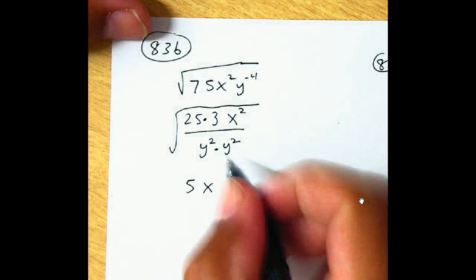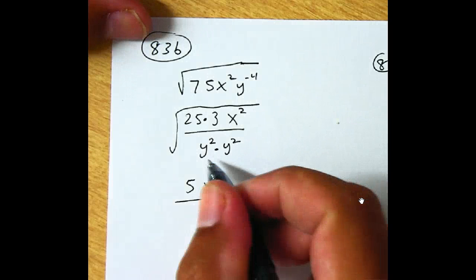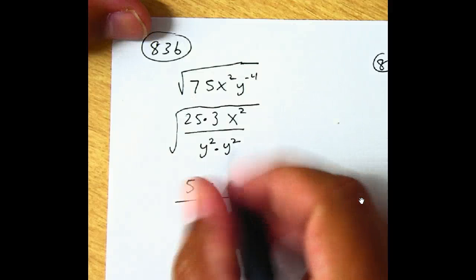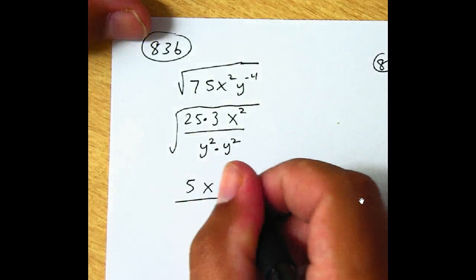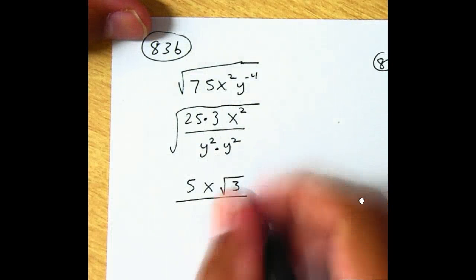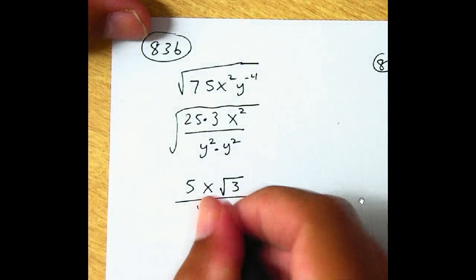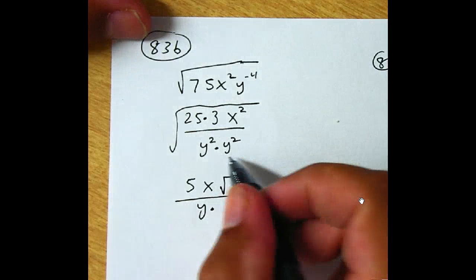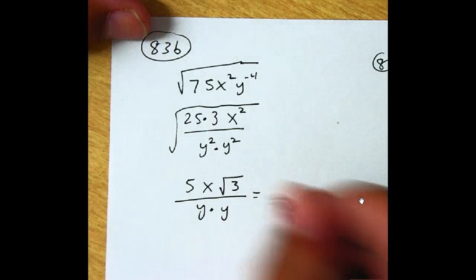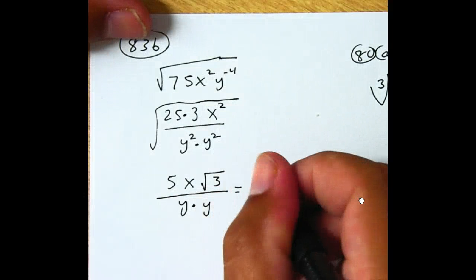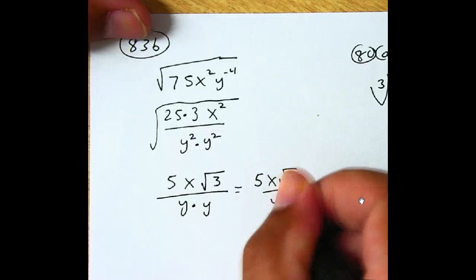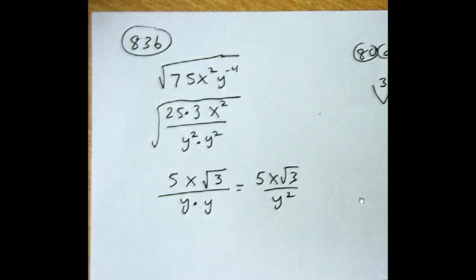We cannot take the square root of 3, at least not in a nice way, so we'll just leave the 3 there. We will take the square root of y squared and get a y, and then we can take the square root of the other y squared and get a second y, and get the final answer of 5x square root of 3 all over y squared.